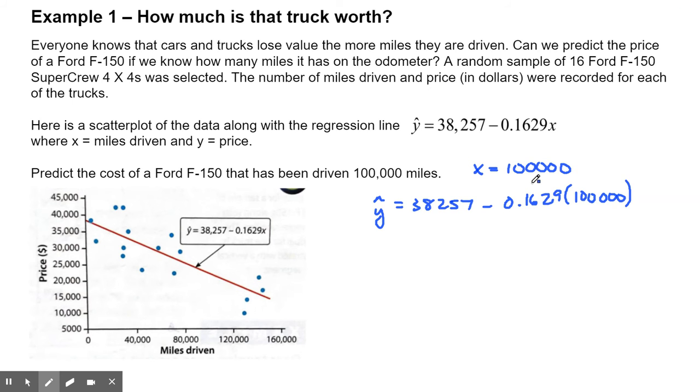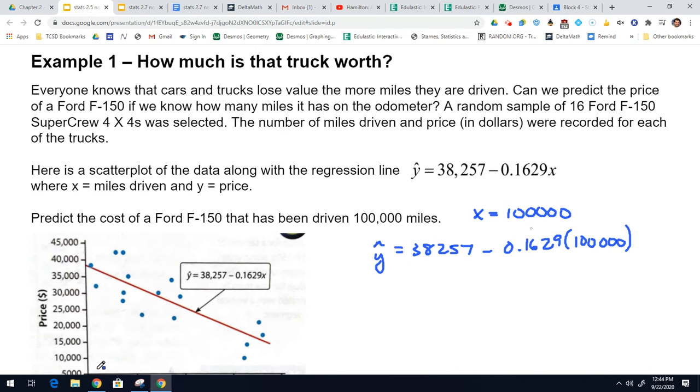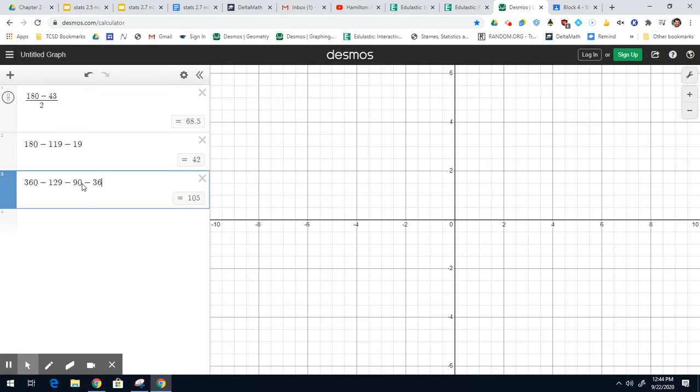Okay, so let me escape here for a second. Let's go to the Desmos graphing calculator. So it is 38,257 minus 0.1629 times 100,000. And I got 21,967.